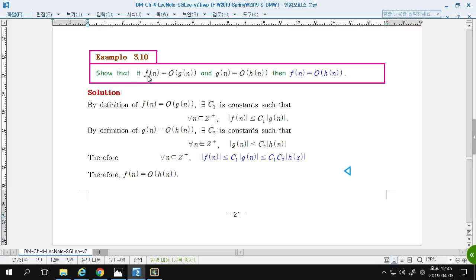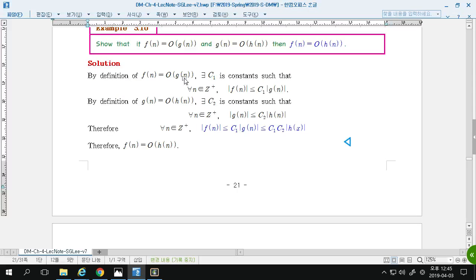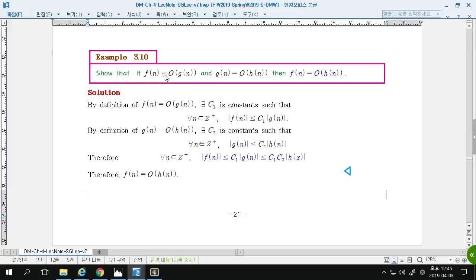Okay, so if f of n is big O of g of n and g of n is big O of h of n, then f of n is big O of h of n, like transitivity. This is true because if this is true, then there exists a constant C1 that satisfies this.